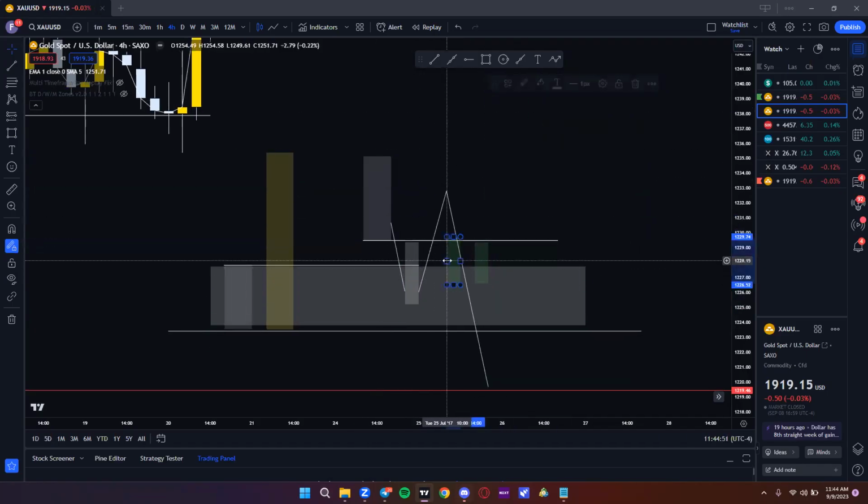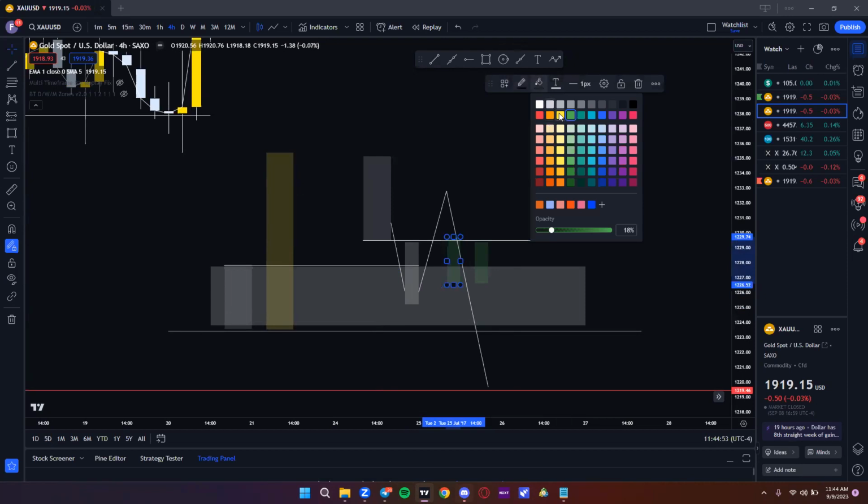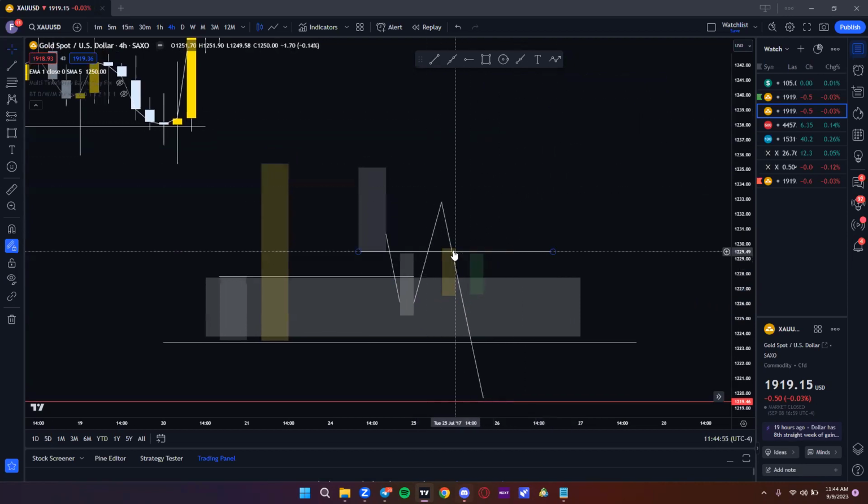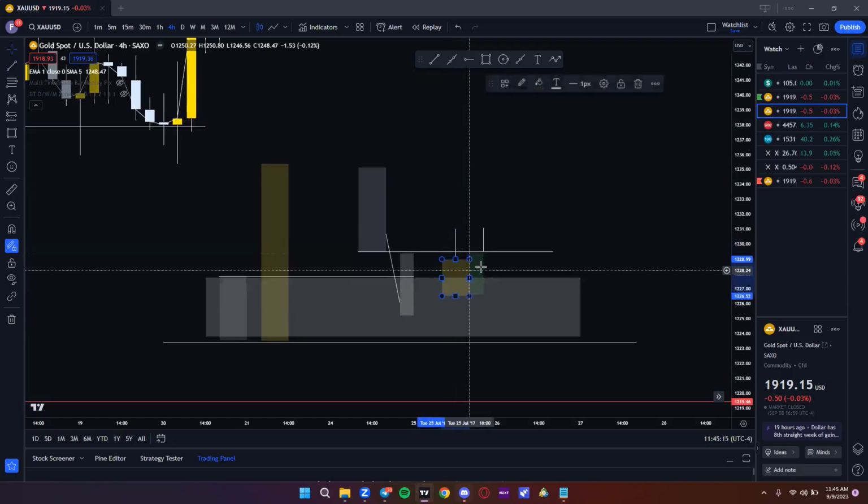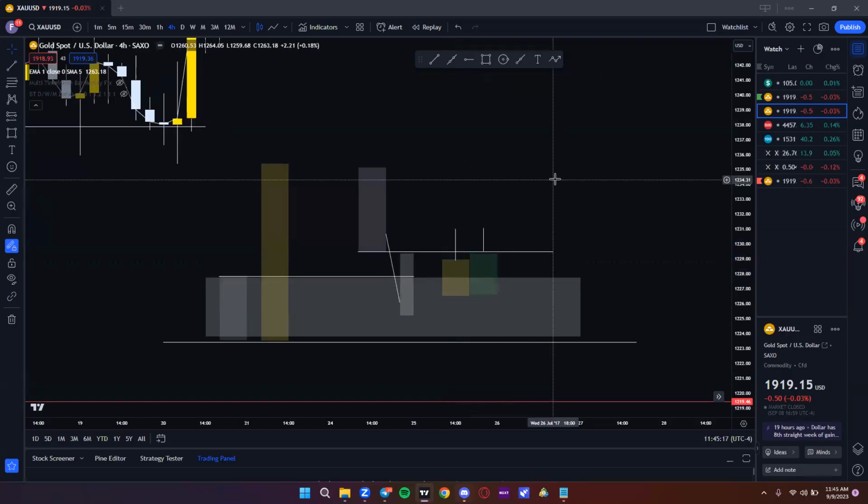And you'll see that this would be like a yellow candle, and it's rejecting your level. And you get that double rejection, so you can confirm before taking the initial rejection.